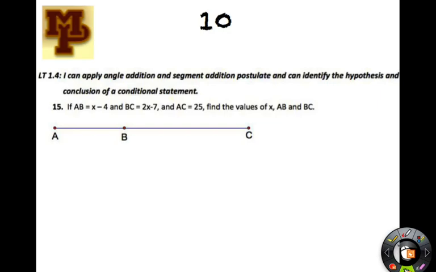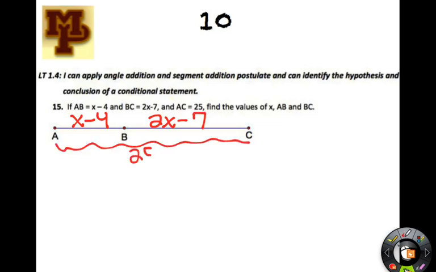Alright. So next one. We're going to try to apply some angle addition and segment addition to these next couple problems. So I'm going to label them a little bit. AB should be x minus 4, and BC should be 2x minus 7. And it says the whole thing, AC, is 25. Doesn't it make sense that you add up the two pieces and they equal the whole thing?